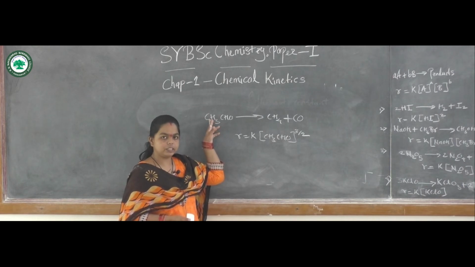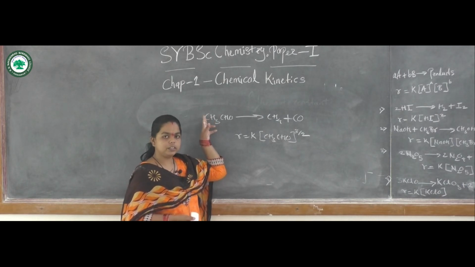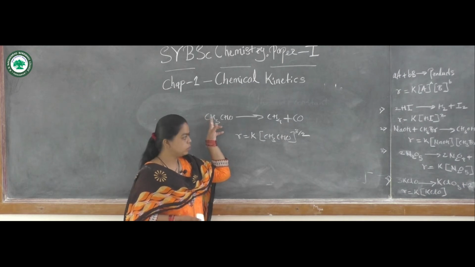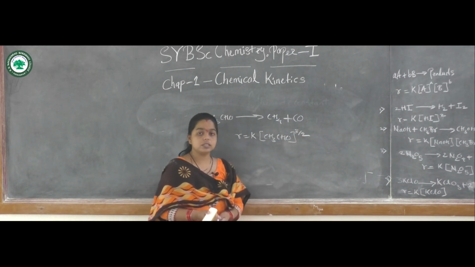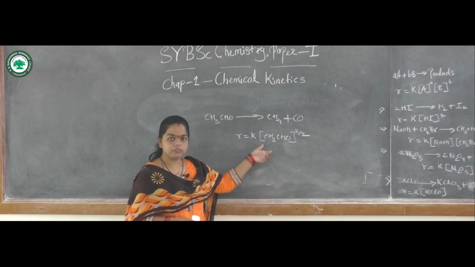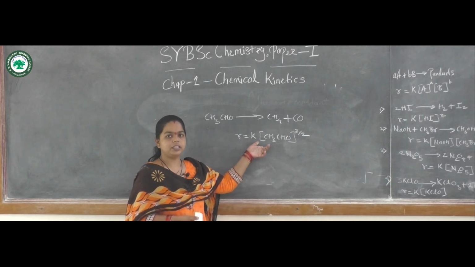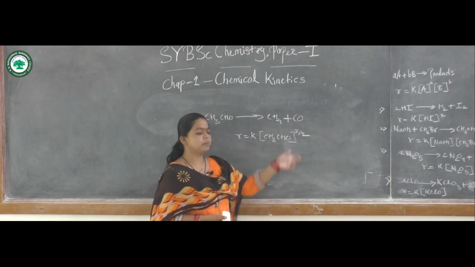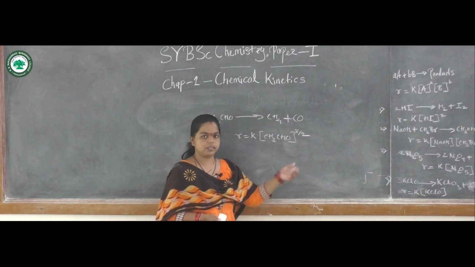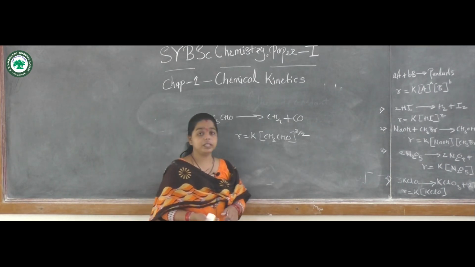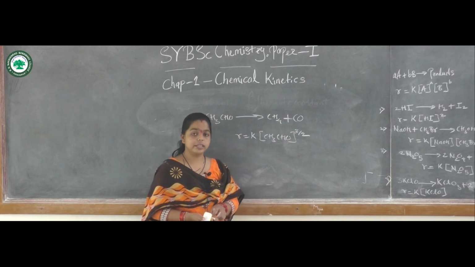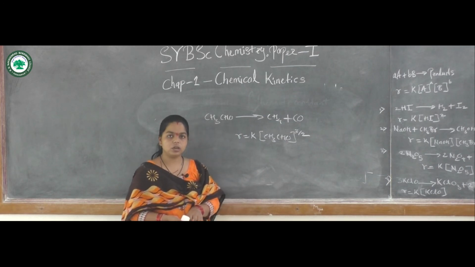Acetaldehyde is the reactant with coefficient one, but the exponent is 3/2. So this rate equation is derived from experimentally determined quantities. From this reaction we can say that the exponent may be an integer, or it may be a half-integer value.